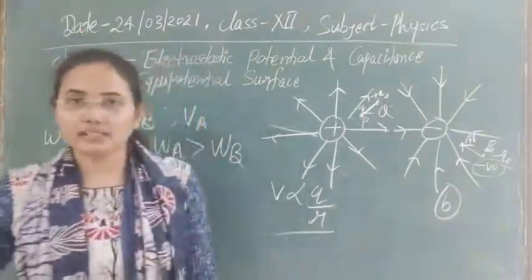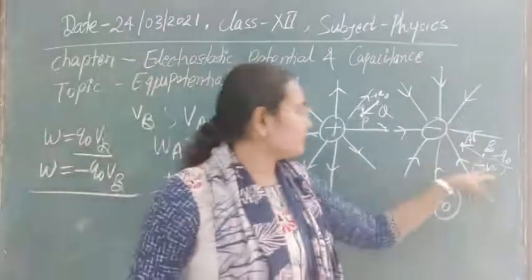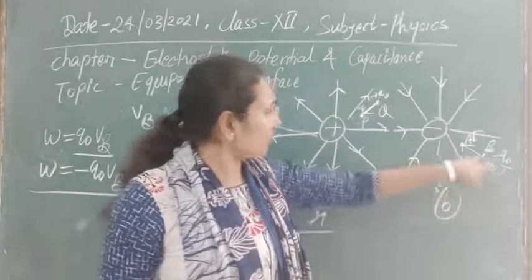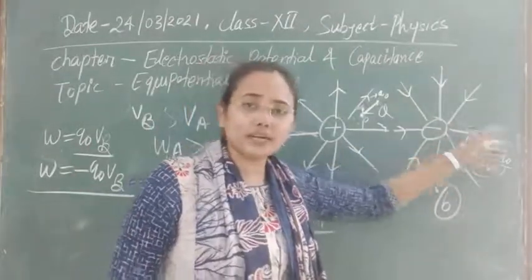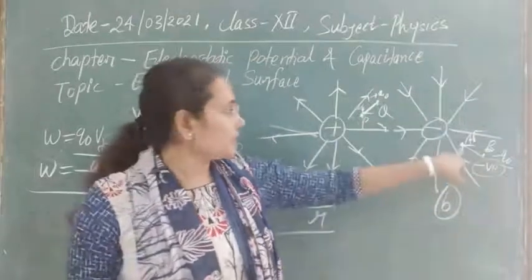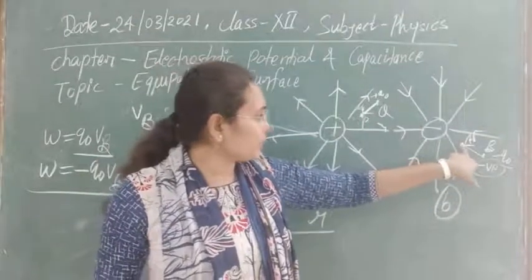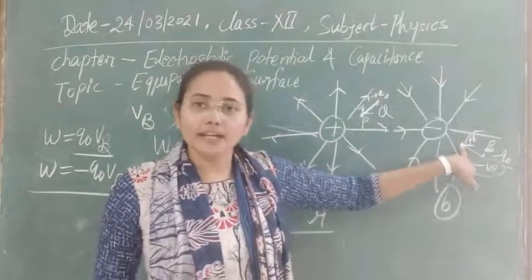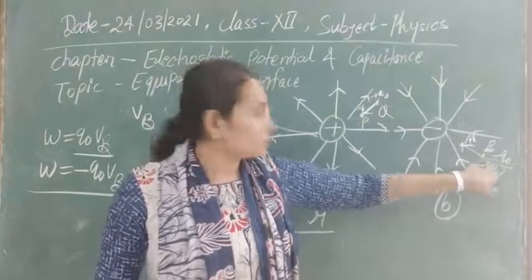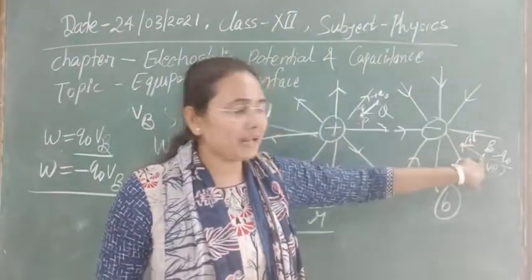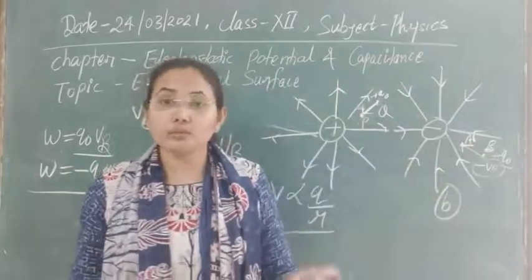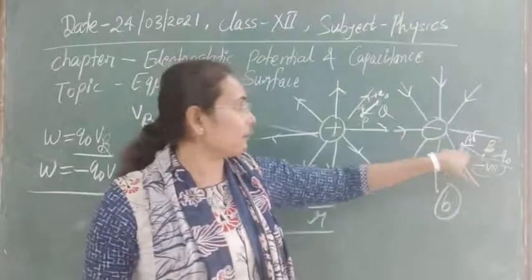In another way, let's understand it also. As this is a negative charge, and negative charges repel each other, and you know that the force of repulsion is inversely proportional to R square, whenever the particle comes to point A, it will feel greater repulsion in comparison to when it is at point B. As the force here is greater in comparison to the force at B, we have to do more work to put the charge here in comparison to that point.